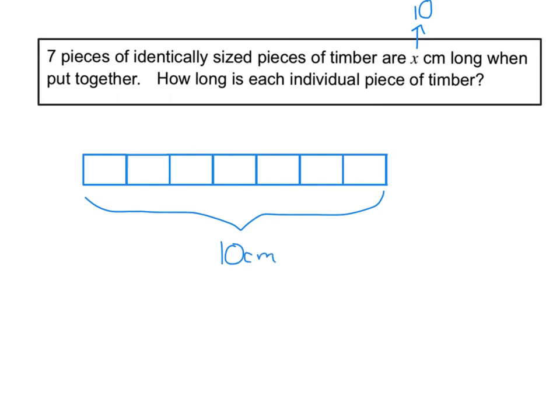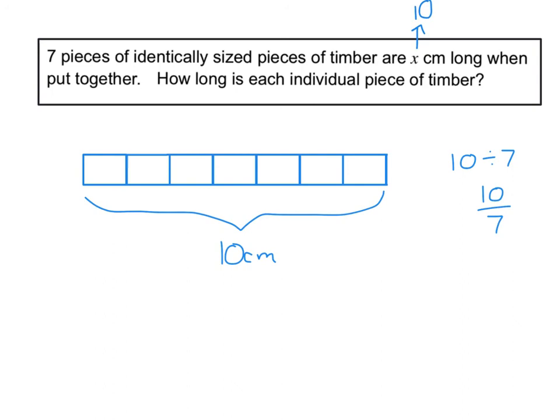So if I want to figure out how long each one is, I'd need to do 10 divided by 1, 2, 3, 4, 5, 6, 7. Divided by 7, or 10 over 7. We much prefer the fraction when we do algebra, so that's going to be important in a second. So that's my number. So what works with number works with algebra.